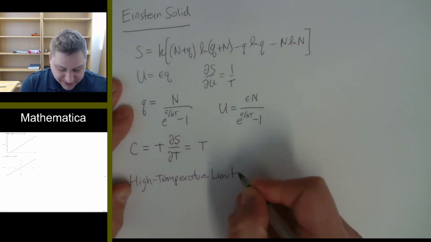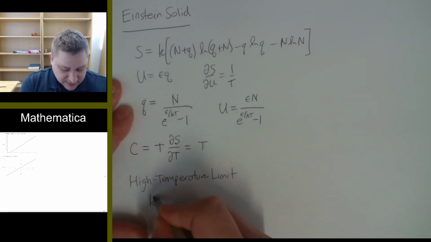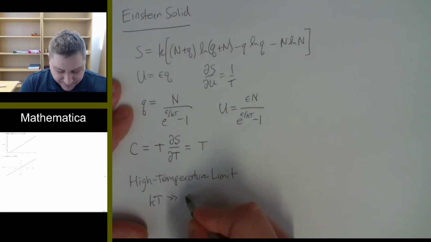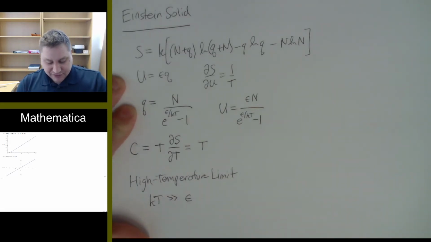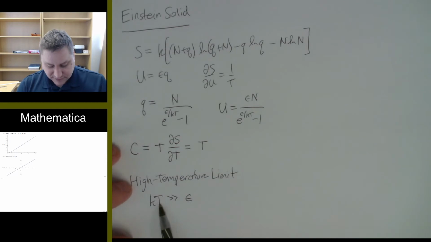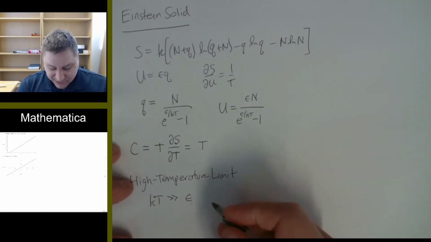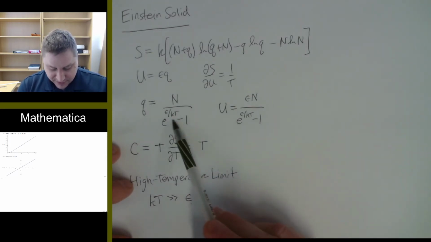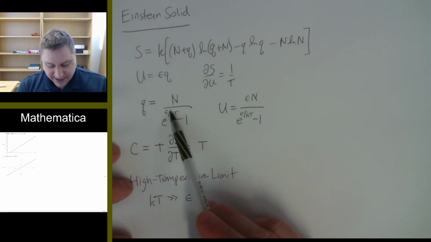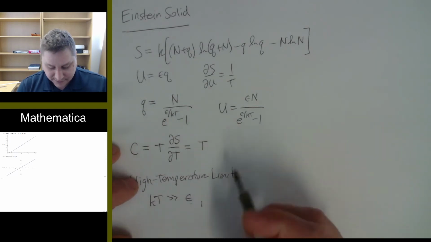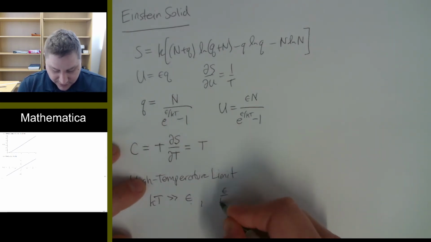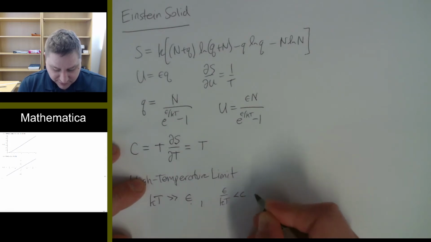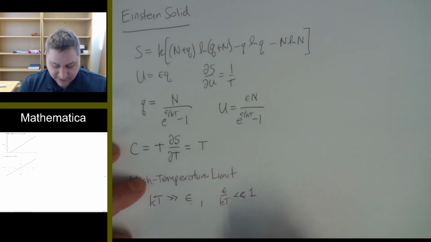So in the high temperature limit, what's our comparison? We will say that the temperature times Boltzmann's constant, this is sort of the thermal energy scale, is much greater than the energy unit of an oscillator. So that's going to mean that down here, epsilon divided by kT is extremely small. So epsilon over kT is much, much less than 1. That's our comparison there.